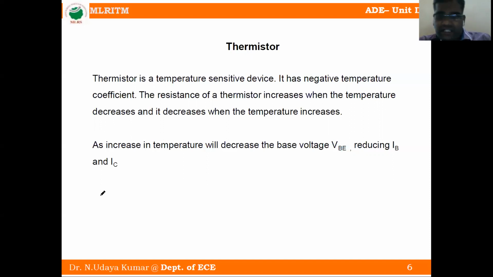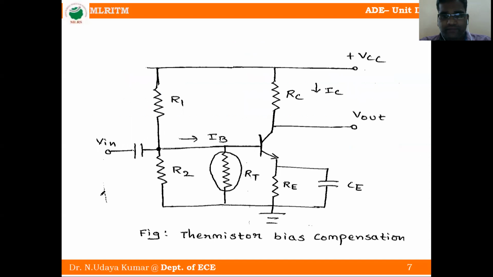As temperature increases, we decrease the base voltage VBE, reducing IB and IC. I will clearly explain in this figure. This is the thermistor bias compensation technique.